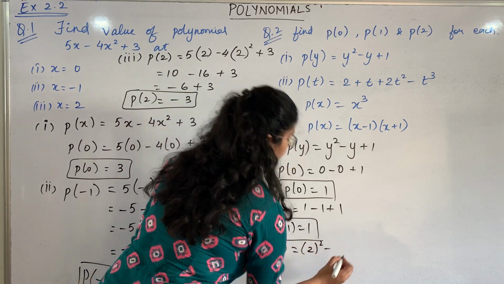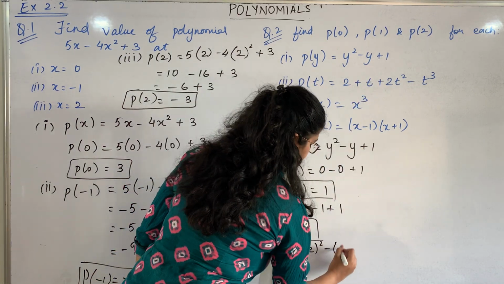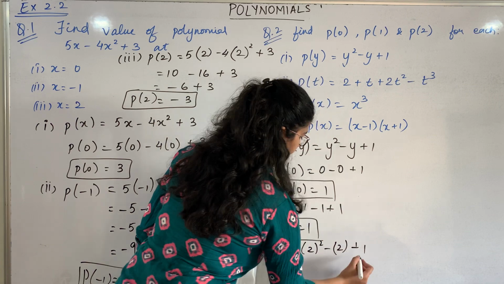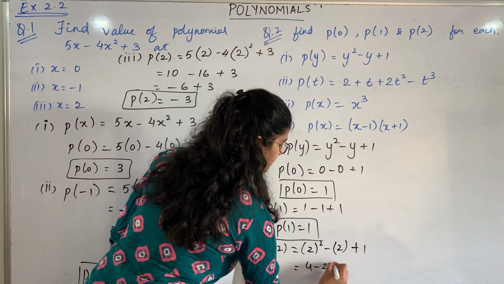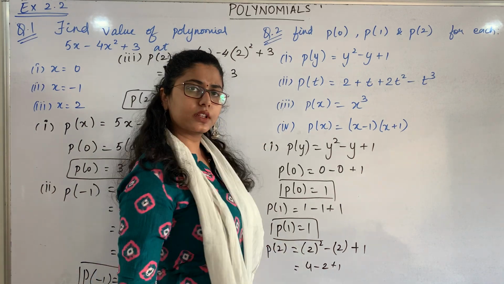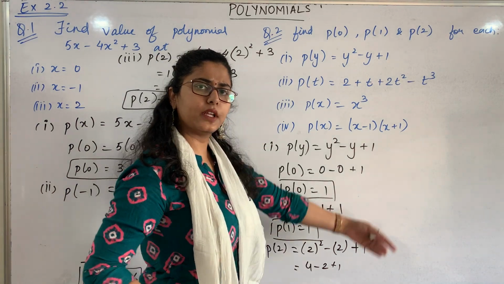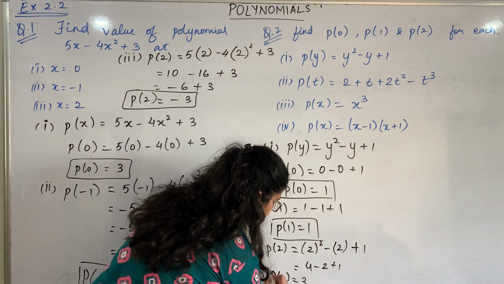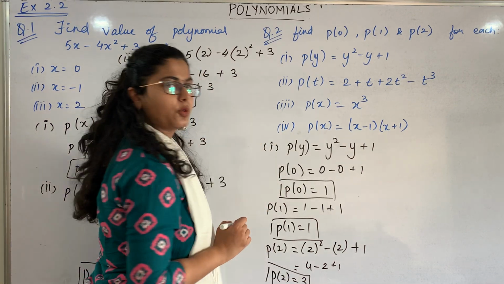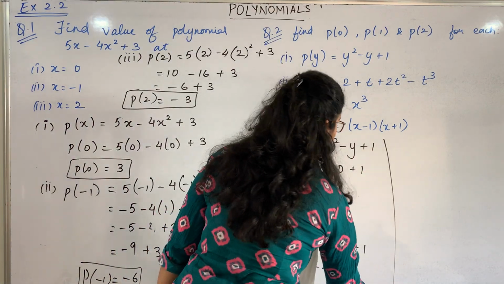So 2 square minus, y के प्लेस पे क्या रखना है हमें 2, plus 1. So 2 square is 4 minus 2 plus 1. 4 minus 2 कितना होगा? 2, and 2 plus 1 is 3. So P of 2 क्या आ गया आपके पास? 3. Is this clear? Done.